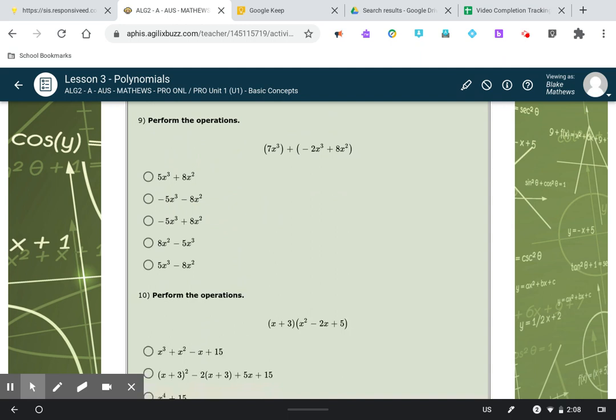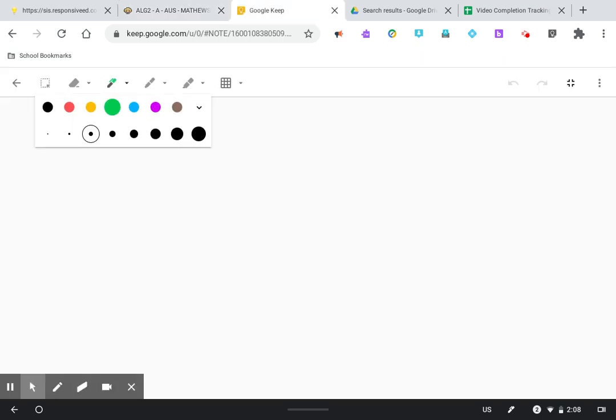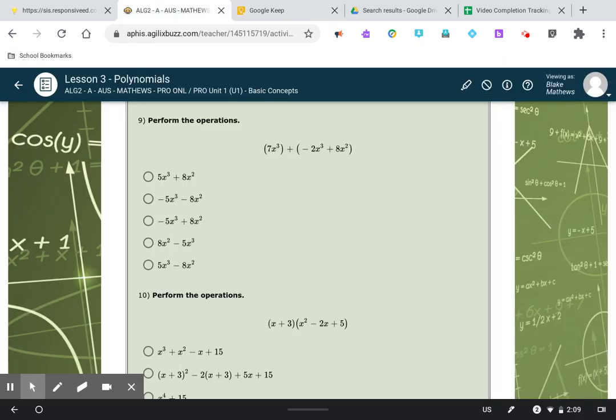The first one is basically what we call combining like terms. Let me jump over here and talk about, when we're adding or subtracting polynomials like this, what we're able to do and what we're not able to do.